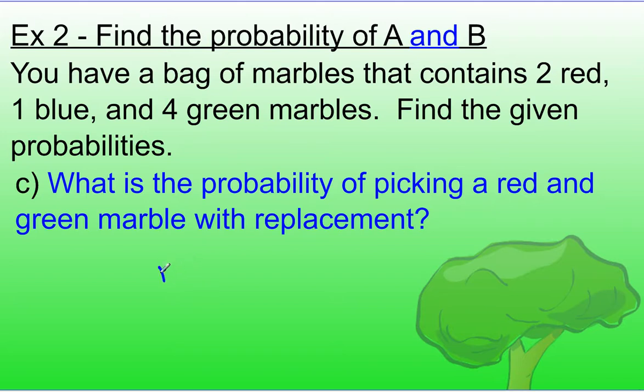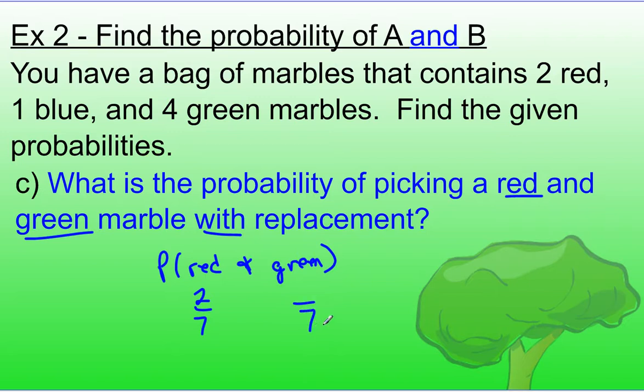Okay, so we want the probability of a red and green. So the probability of a red marble is 2 out of the 7. Now, we are doing it with replacement, so that means we're putting the marble back. So there's still a total of 7.